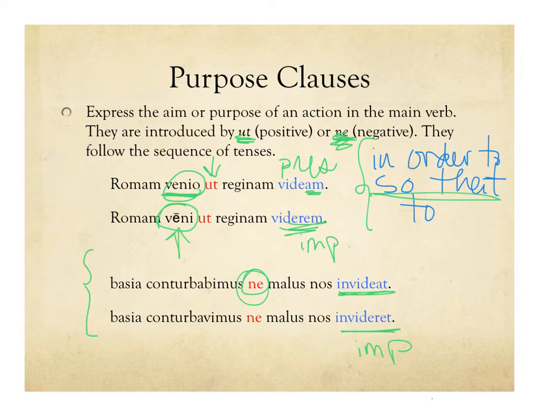You can see that they consistently use ut or ne if we're talking about a positive or a negative purpose. You can see that they use the present and the imperfect subjunctive really consistently depending on what the main verb in the clause is.